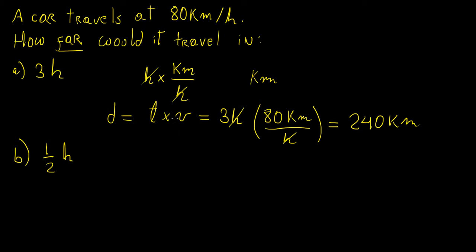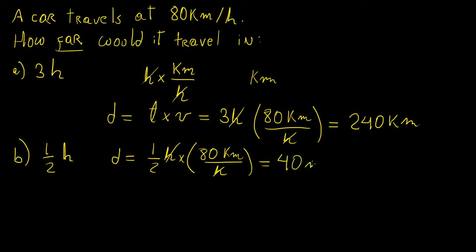Now that we know the formula, we can do the same thing here. The total distance would be time, which is half an hour, times 80 kilometers per hour. The hour units cancel out and we're left with 80 divided by 2, which is 40 kilometers.